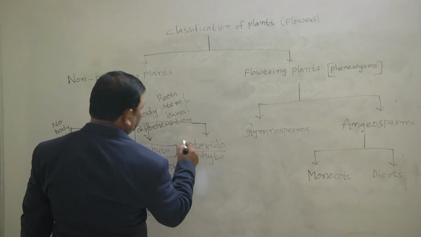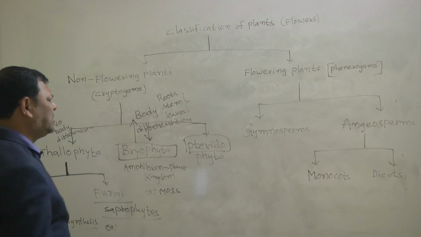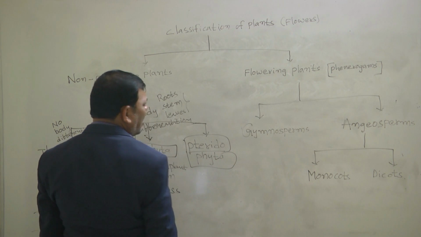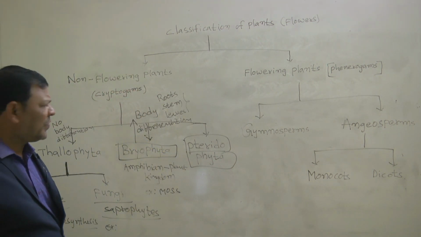Pteridophyta phylum. Already we can see the body differentiation. Pteridophyta is where we first see vascular tissues.